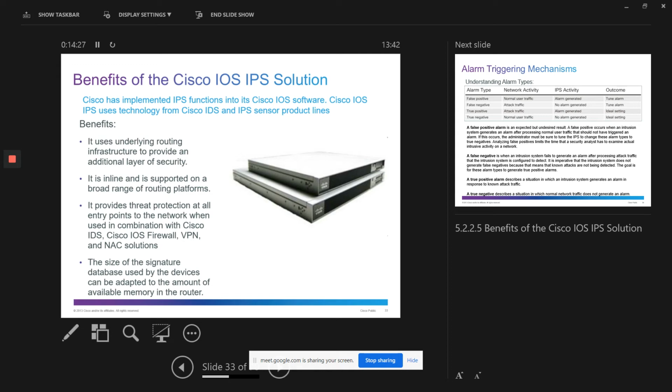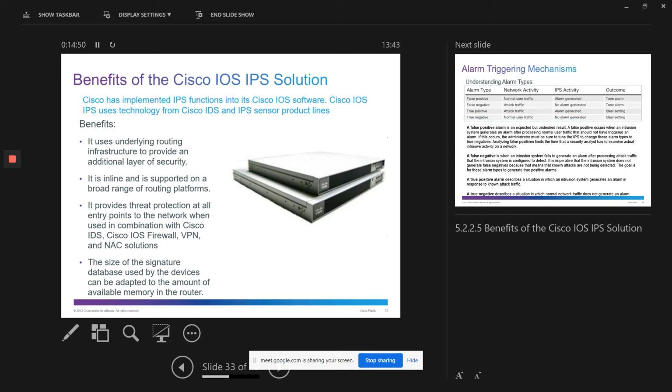So the benefit of having an iOS-based IPS solution is that it uses the underlying routing infrastructure to provide an additional layer of security. So we look at the routing and then provide you the security. It is inline, so before the packet goes onto the network, it has a look and finds out if there are any issues with that packet.